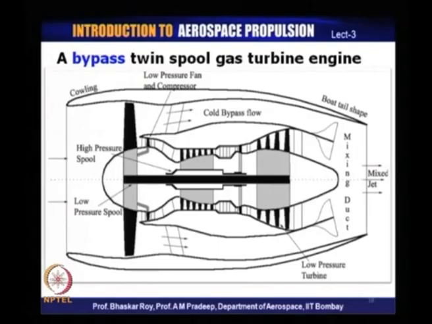As a result, the aircraft will tend to have motions which could be a pitching motion, which could be a yawing motion, because the jet that is coming out here is not uniform and is not producing thrust that is unidirectional, but producing multidirectional thrust.